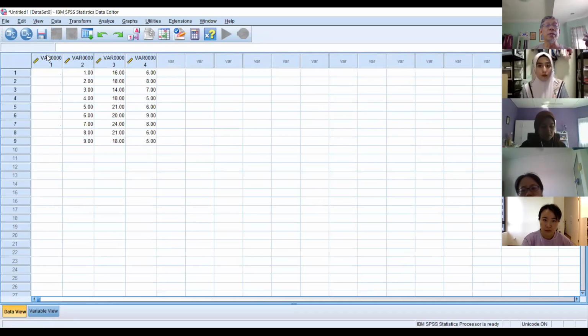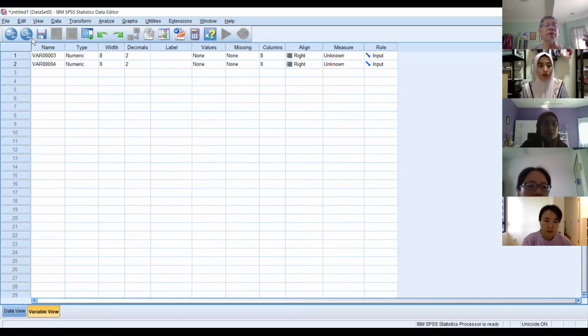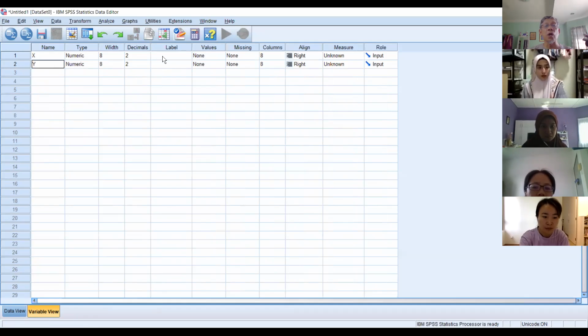All right, so I remove these 2 columns. And then, okay, now first of all, click on variable view, define the first variable as X, the second variable as Y. What is X? X is loyalty score, loyalty, and then Y will be performance.